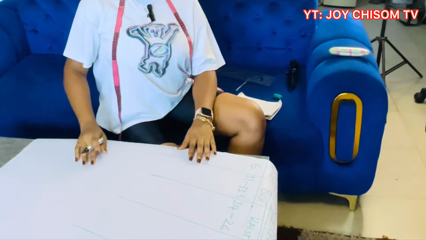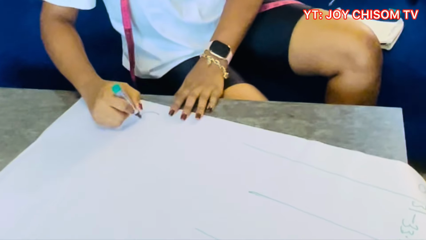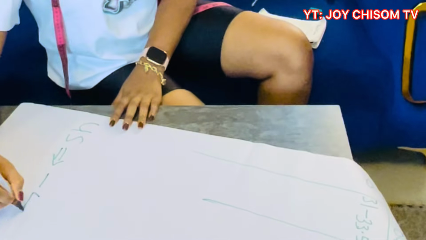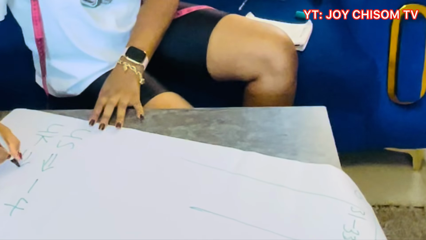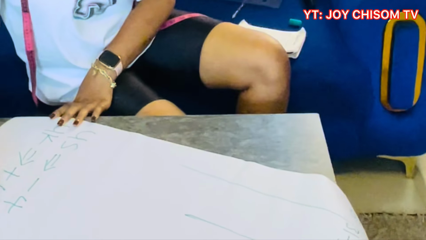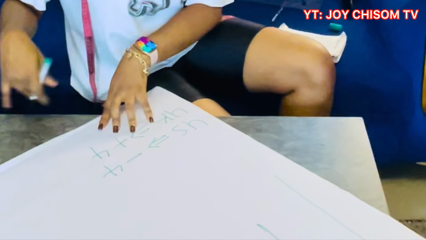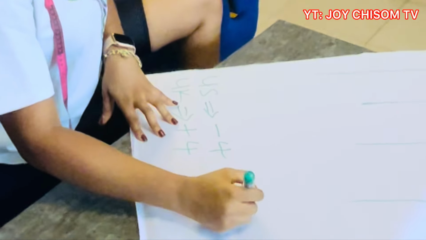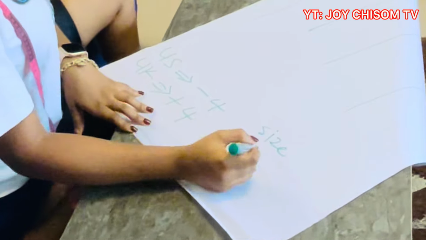Okay, where am I going to write this now? US, are you getting this? US is -4. UK is +4. Let me just use this to explain it.